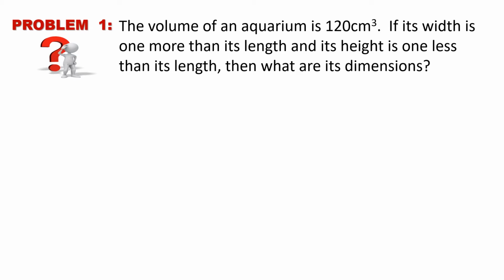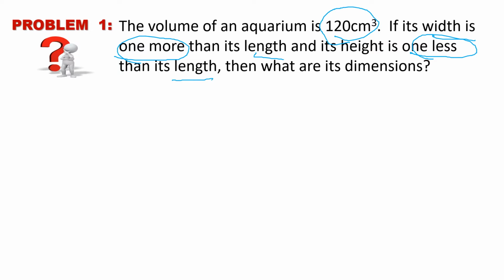The volume of an aquarium is 120 centimeters cubed. If its width is 1 more than its length and its height is 1 less than its length, then what are its dimensions? Again, the width is 1 more than its length and its height is 1 less than its length.